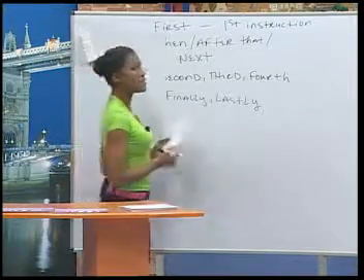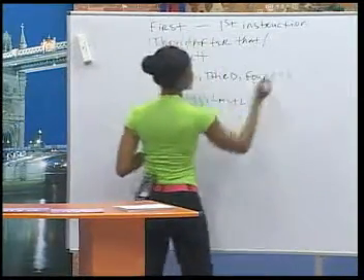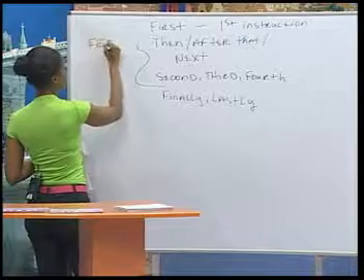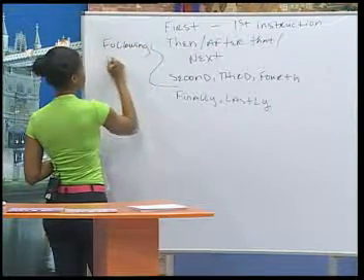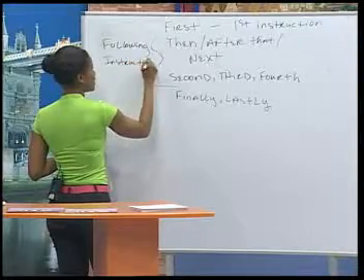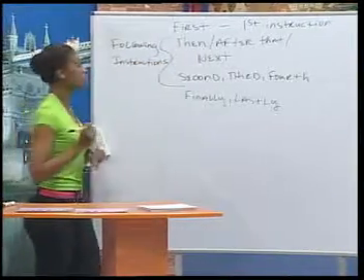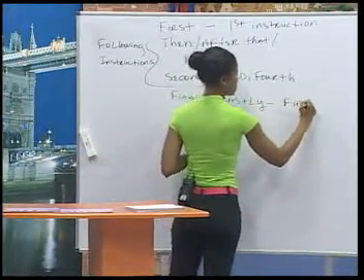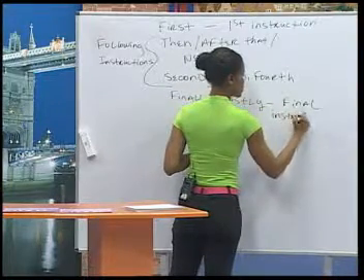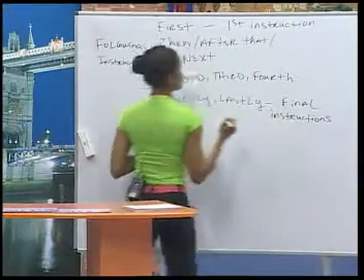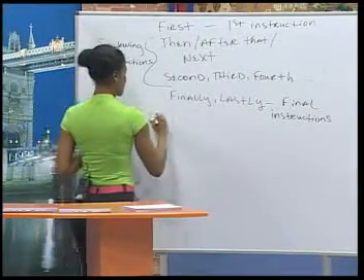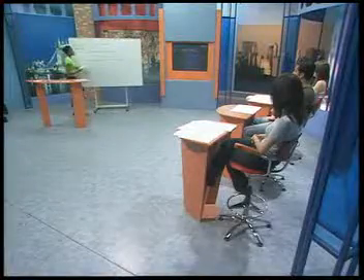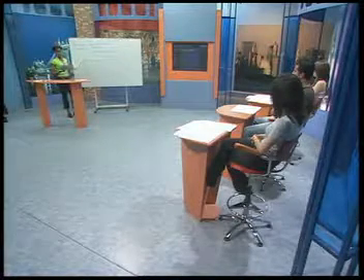For example, second, third, fourth, etc. And then for the final instructions, we can say finally or lastly. All of these words are called sequence words. Sequence means order. So these words tell the order of the instructions.